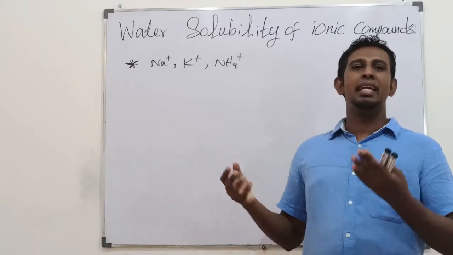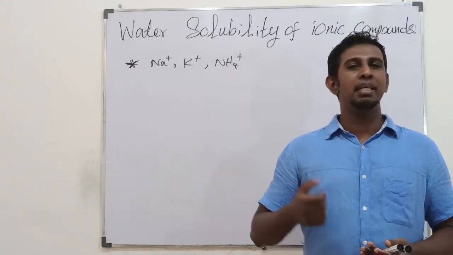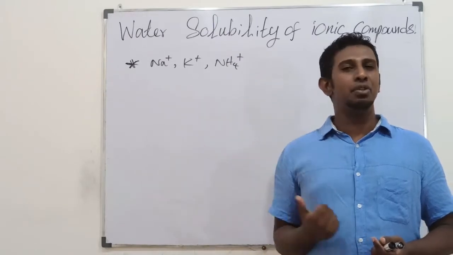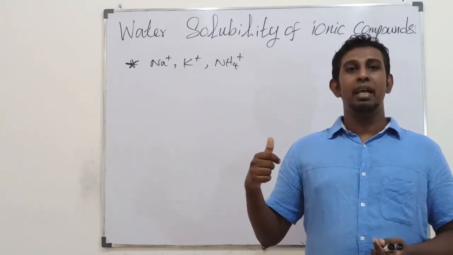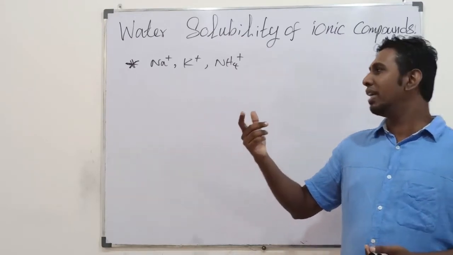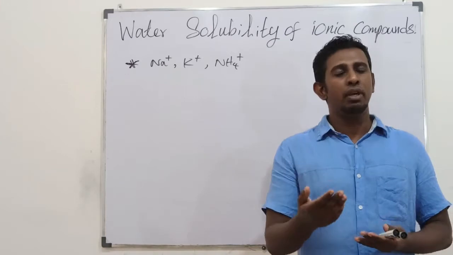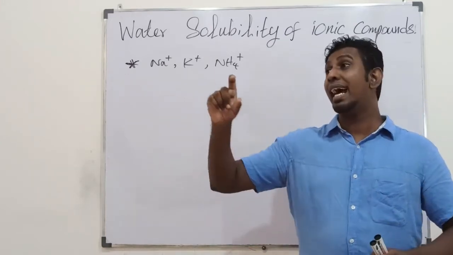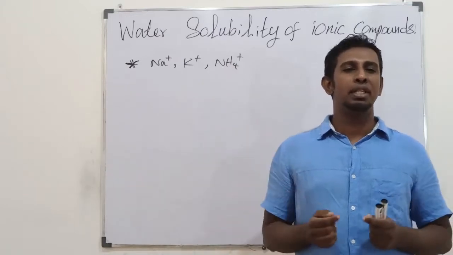Therefore, these are the cations you mostly find in substances representing the first group. Lithium exhibits some deviations, as normal. Therefore we take sodium, potassium and ammonium. When you have those cations within an ionic substance, it would be water soluble for sure.